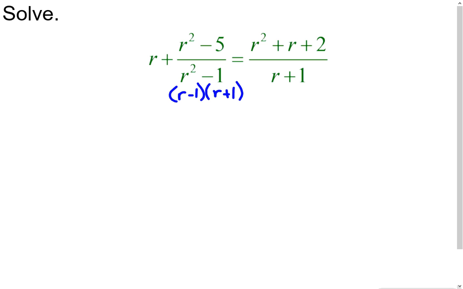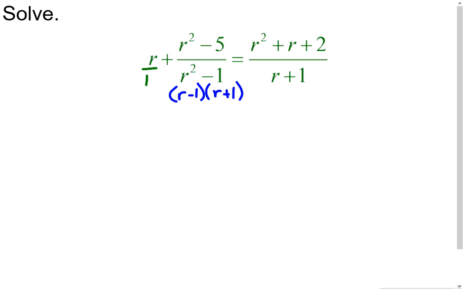And now we'll recognize this one has a factor of 1 in the denominator. So our common denominator now is going to be r minus 1 and r plus 1, because the 1 is missing both of those factors. Well, the r squared minus 1 is missing nothing that either one of the other ones have. And the r plus 1 right here is just missing the r minus 1.